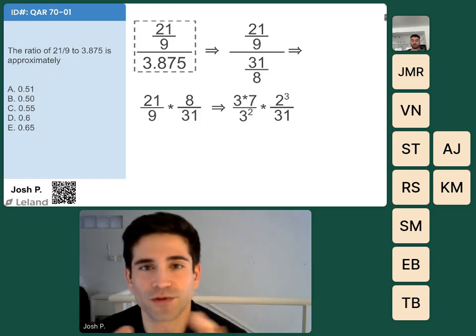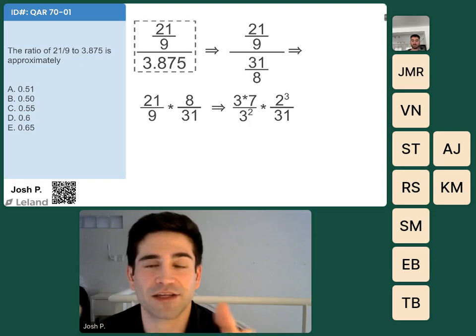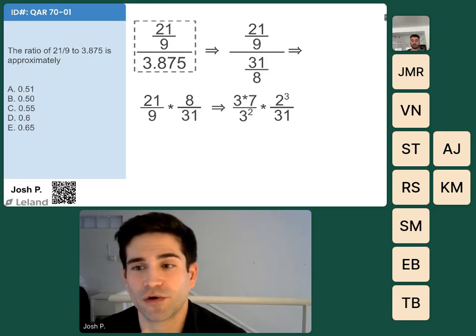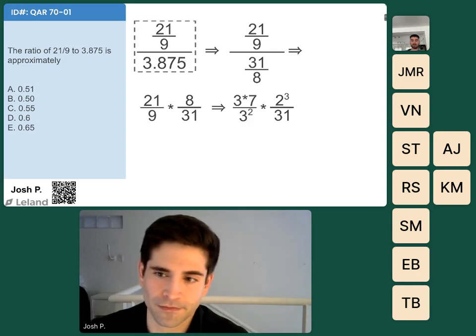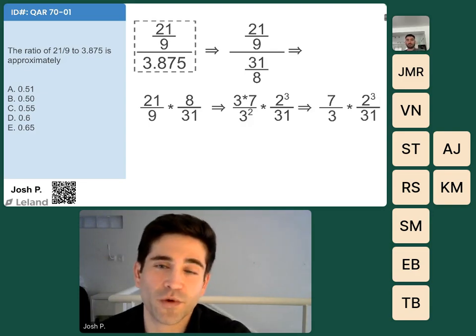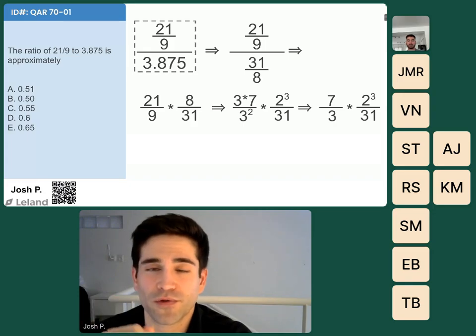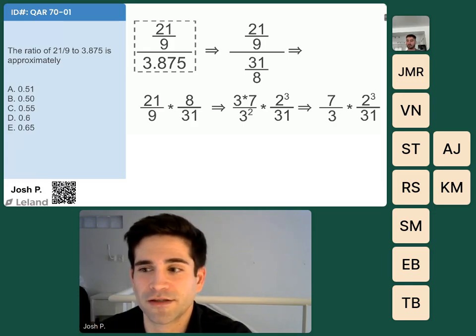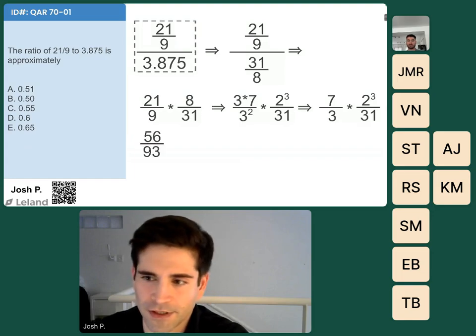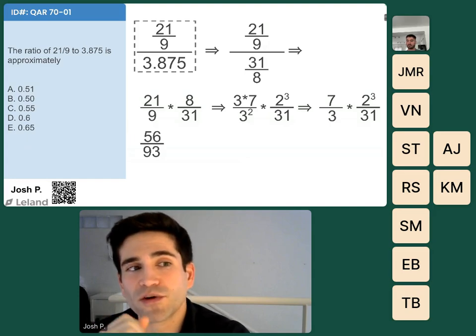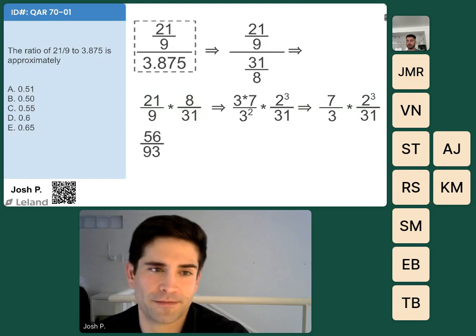It's a great tool to do these operations without a calculator in a fast way. So we have 3 times 7 over 3 squared, times 2 cubed over 31. We can easily cancel out the 3 on top and bottom in the first fraction, and we have 7 over 3 times 2 cubed over 31. This gives us 56/93.